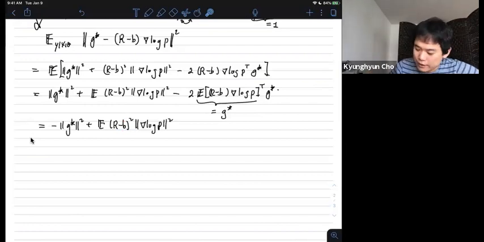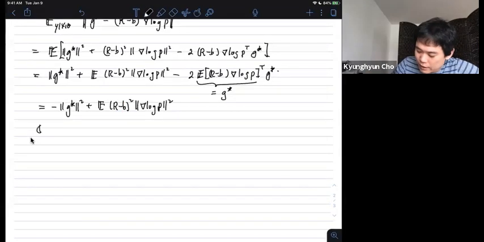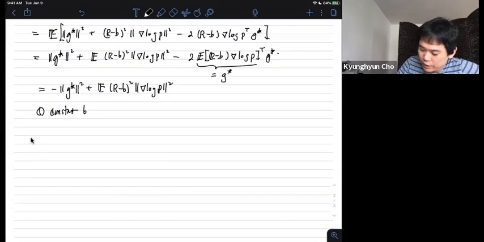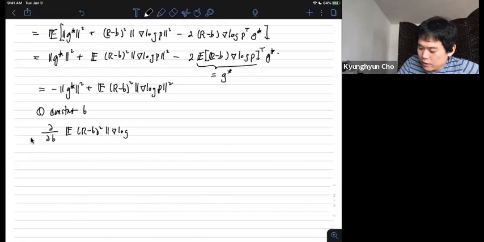And then there are 2 cases, and we're going to look at both. One is the constant B. What if B is a single value that we can choose? Then we can think about how we simply look at the gradient of the expectation of (R minus B) squared times the square norm of the gradient of log P. We can compute this derivative and then just set it to 0, right?